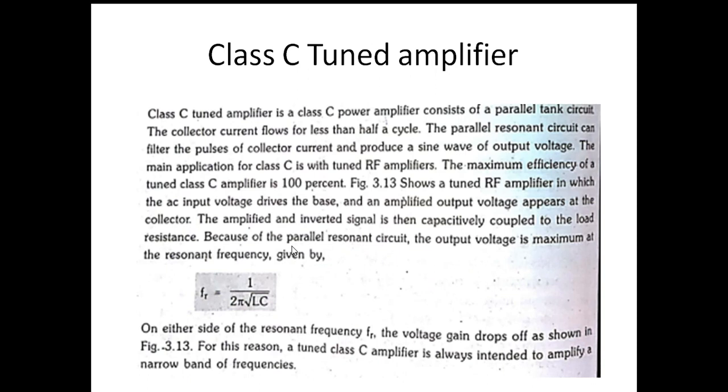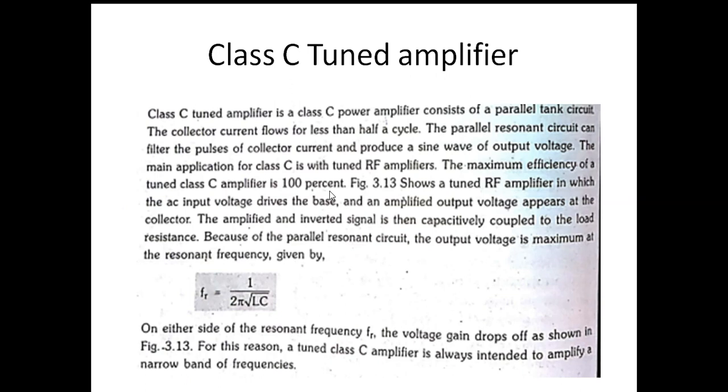Here at the resonant frequency Fr, the voltage gain drops off as shown in the figure. For this reason, a tuned class C amplifier is always intended to amplify a very narrow band of frequencies. But the maximum efficiency of this tuned class C amplifier is 100%.